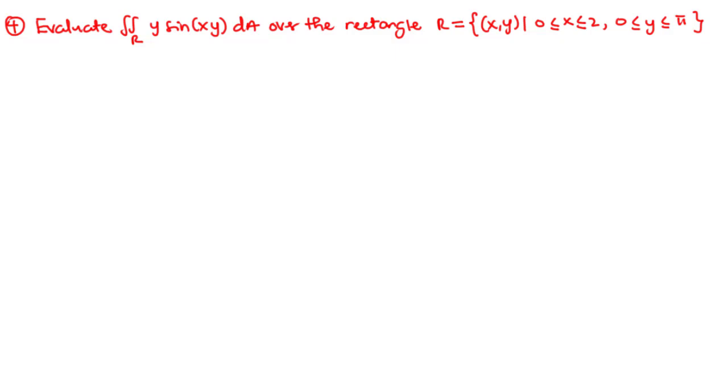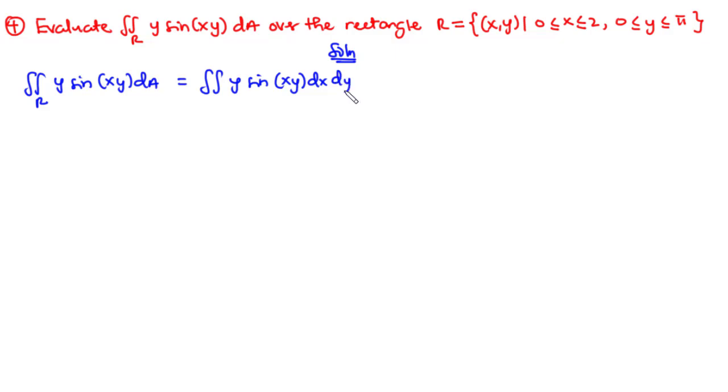For example 4, we are going to evaluate this double integral over the rectangular region R. So we have the double integral over the region R of the function y sine xy dA, that is equal to the double integral of the function y sine xy dx dy, from 0 to 2 on the inside, from 0 to pi on the outside.